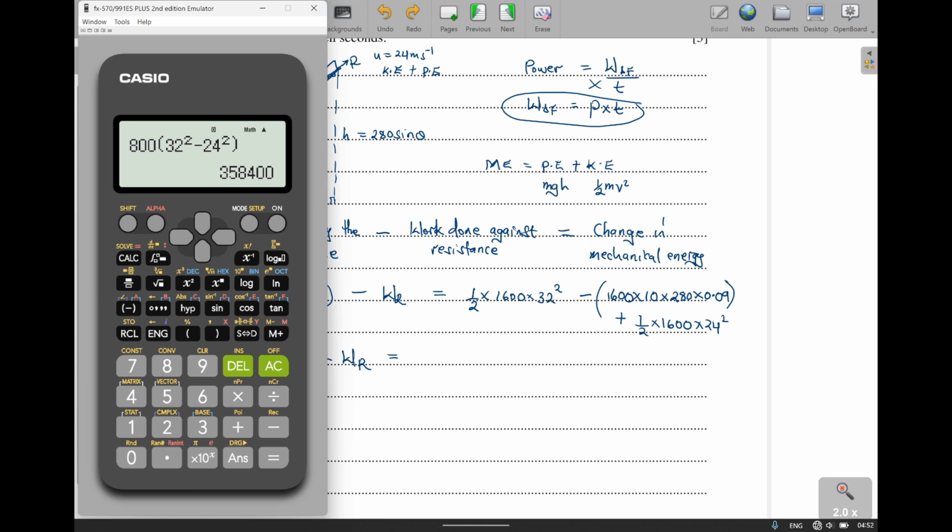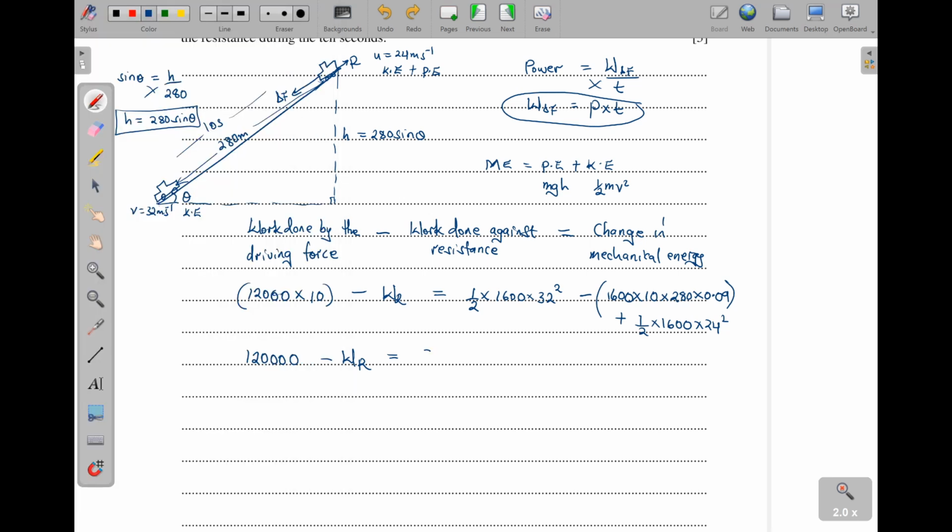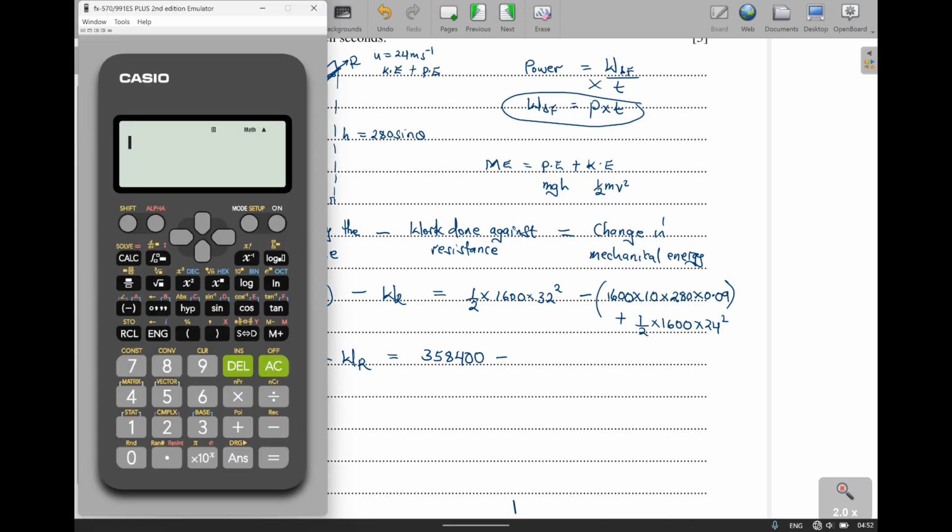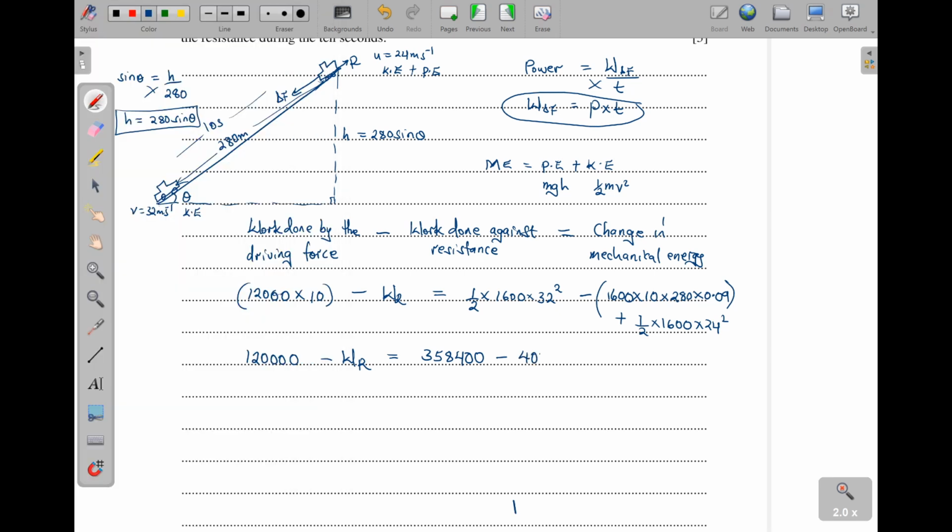Altogether this gives me 3584 and then minus, how about this one, all of it together, what does it give? We shall have 16000 times 280 times 0.09. That is 403,200. So if I take this one this side, it will be positive.